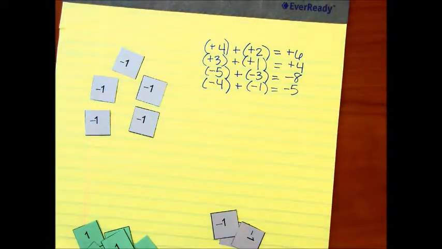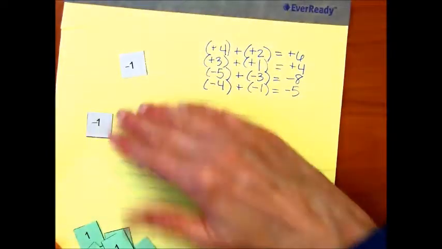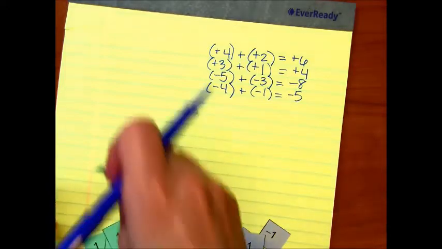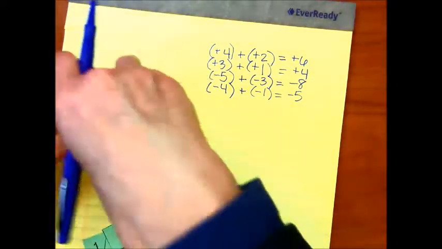Let's mix it up now. Instead of adding the same sign, let's add one group that's positive and one group that's negative. In this first example, I'm going to have 3 positives.